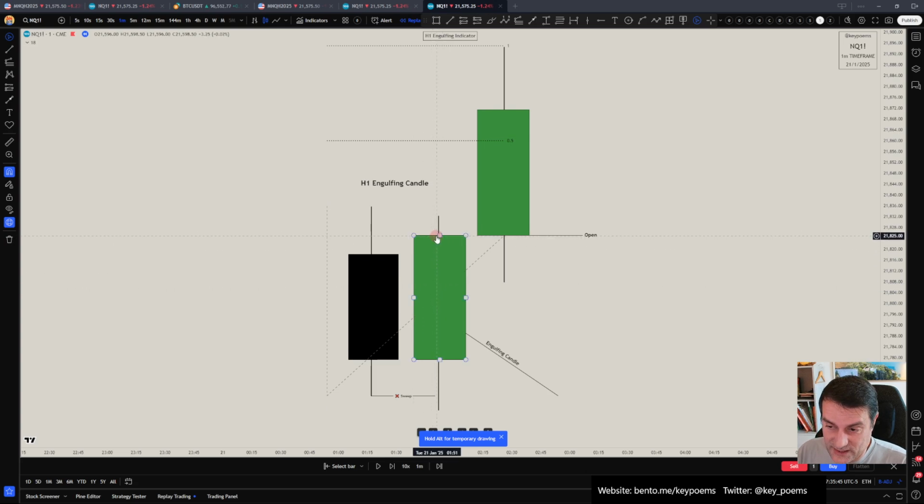Now, what do we expect for the next candle after the one that's done the engulfing? We expect that it opens, it does a certain degree of manipulation or retracement into the body of the previous candle. Sometimes this will come down very low. So that's where the danger lies in this model. And then expand.